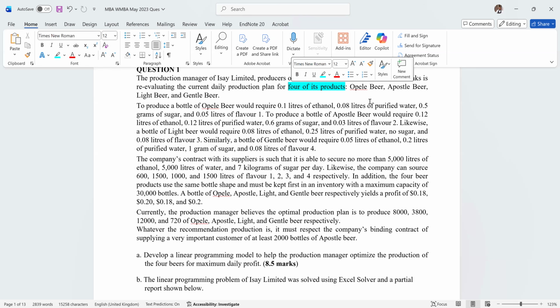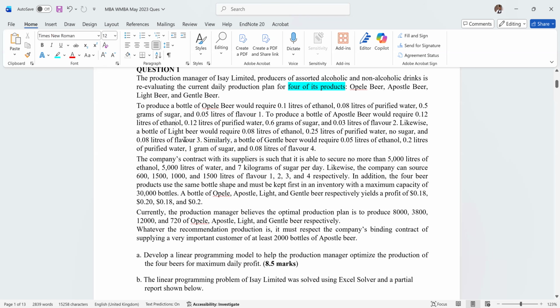To produce a bottle of Apostle beer, and watch the ordering, because the ordering might not always follow the way you want. Okay. The first one was ethanol. So you come, Apostle beer, you have 0.12 liters of ethanol, 0.12 liters of purified water. It follows that same. 0.6 grams of sugar in that order, and 0.03 liters of flavor. The order is fine.